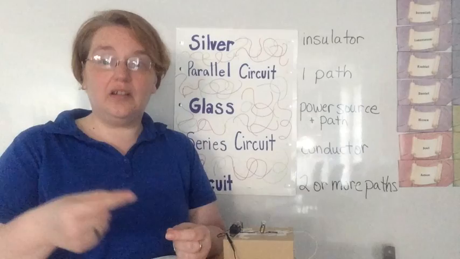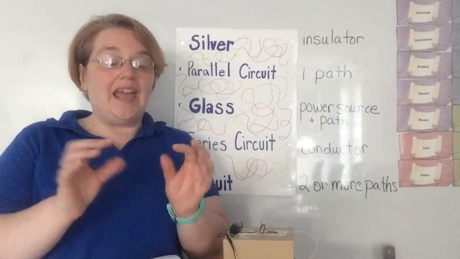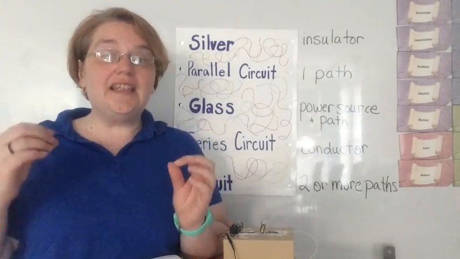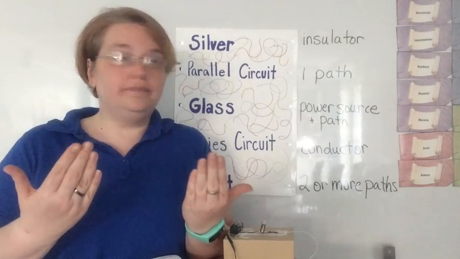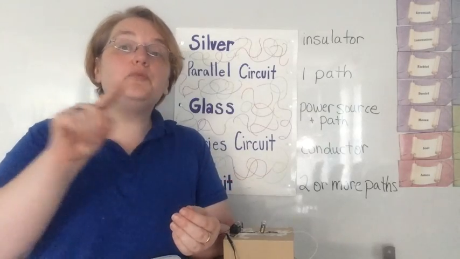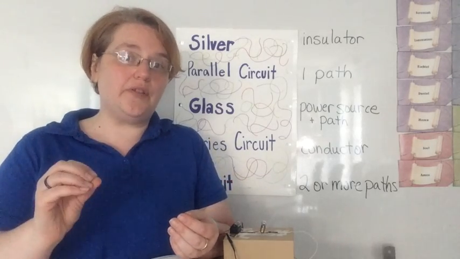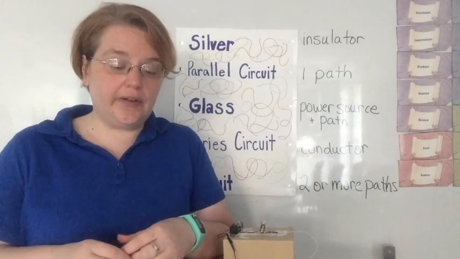Remember, a conductor like copper or silver. It has to have a conductor. And very, very important, that path cannot be broken. If you break that path, that electricity cannot move. Right? So it has to be an unbroken path with a power source. Path and a power source gives us a circuit.